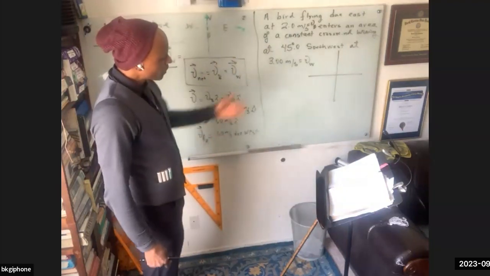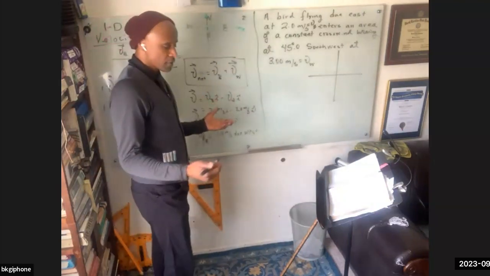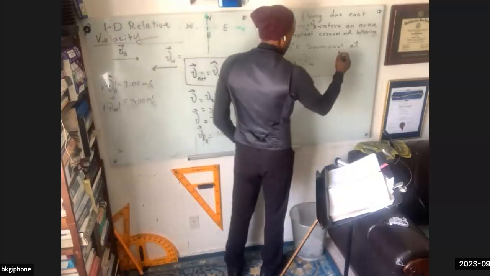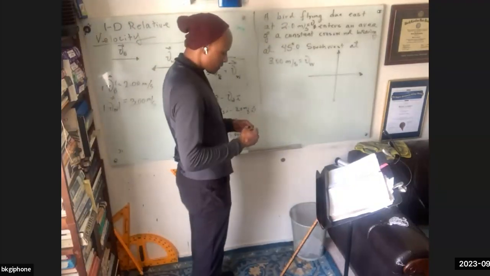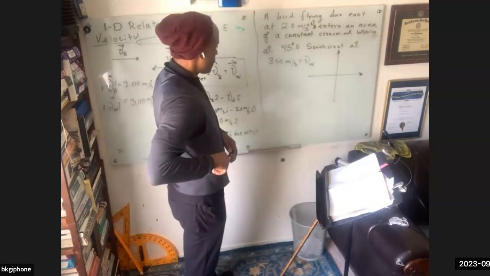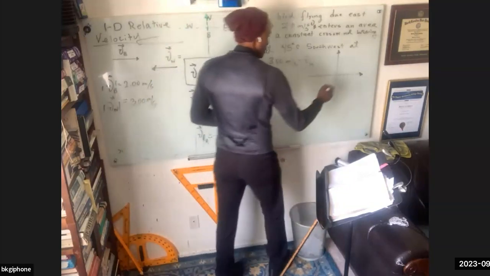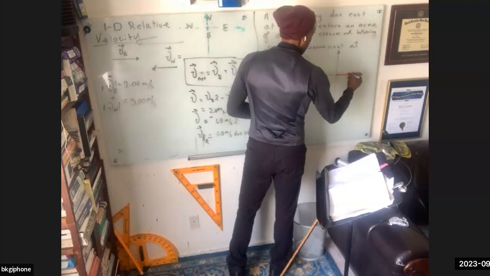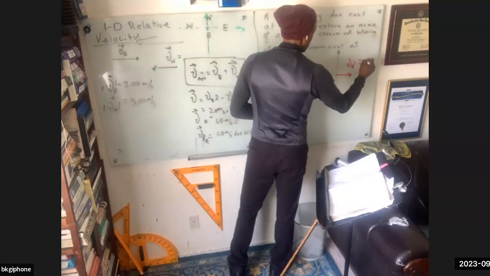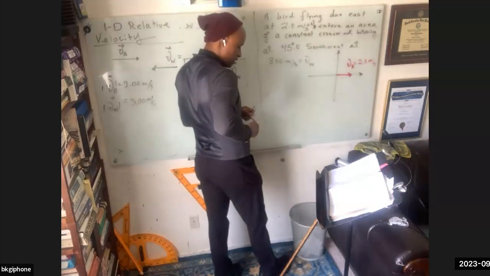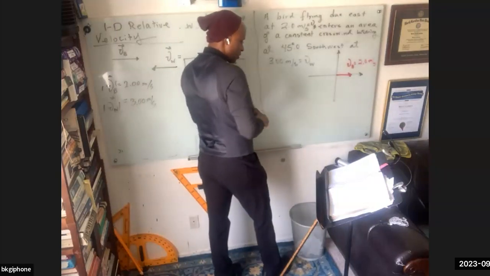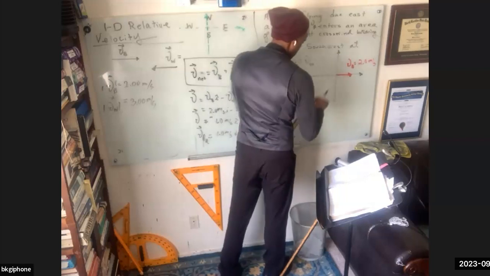Now here, we can't just add them straight up, as I said, because they're not along the same direction. So we have to find the coordinate components of each of these quantities. The bird then, let's say that's VB equals 2.0 meters per second. And the wind is 45 degrees. I'll try to stay a little bit consistent with the convention and make that vector a little bit longer.